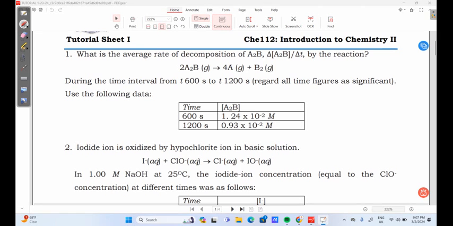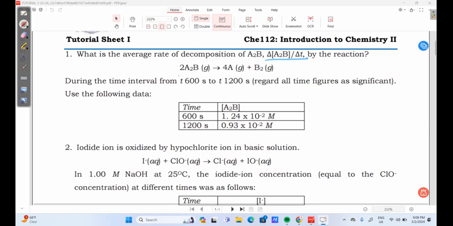Decomposition, by now you should know, is a reaction where you start with a single reactant and it gets broken down into other components. In this case, they've even given us a formula for the rate of the reaction. I explained that the rate of a reaction can be given in terms of the reactants or in terms of the products.